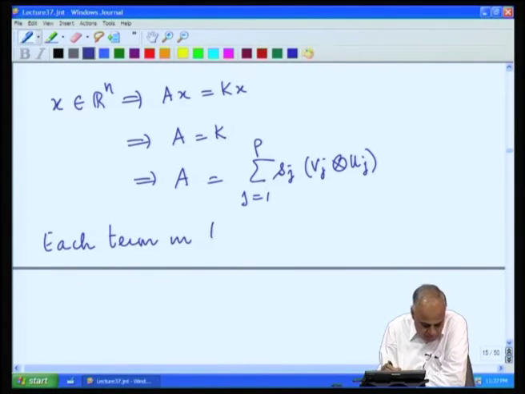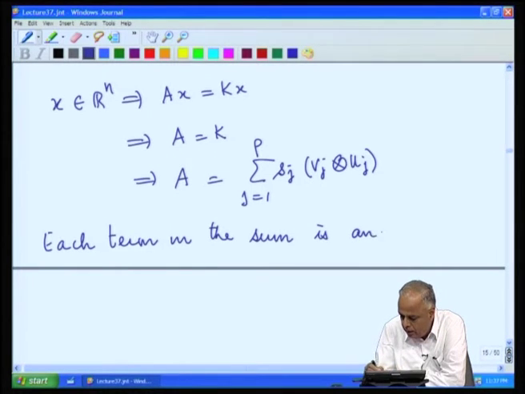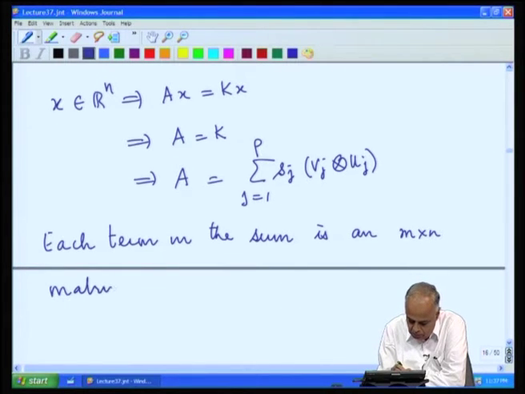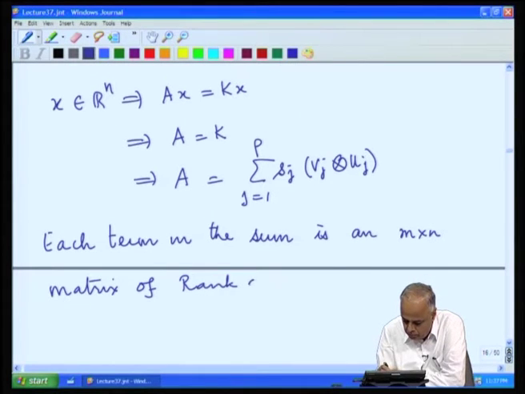Each term in the sum is an m by n matrix of rank 1.